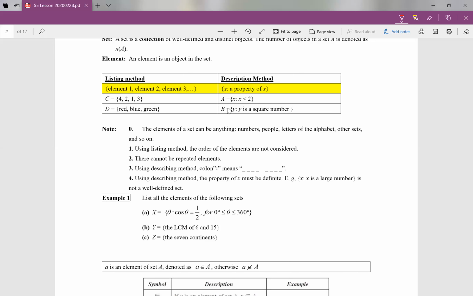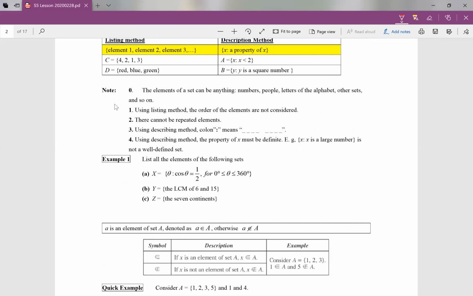Set B is equal to {y : y is a square number}. You can see that if we have very few elements, it's better to use listing method. Otherwise, it's better to use description method.